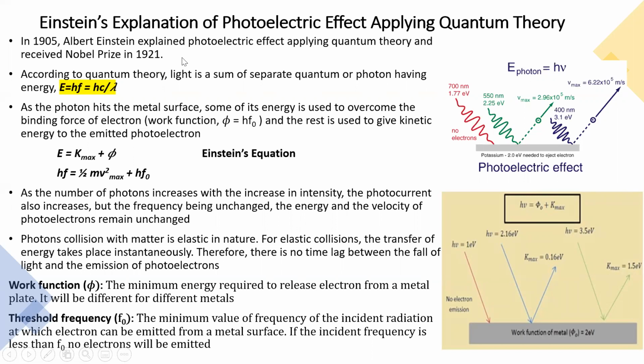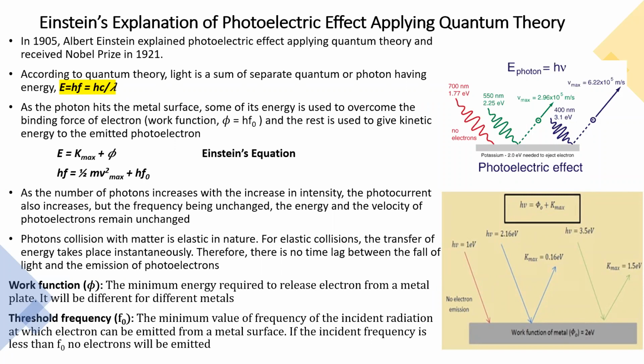Note that Einstein didn't receive the Nobel Prize for his discovery of relativity. He obtained it for explaining the photoelectric effect applying quantum theory, because it is an experimentally observed fact which could not be explained by existing physical theories. So that's why he received the Nobel Prize.